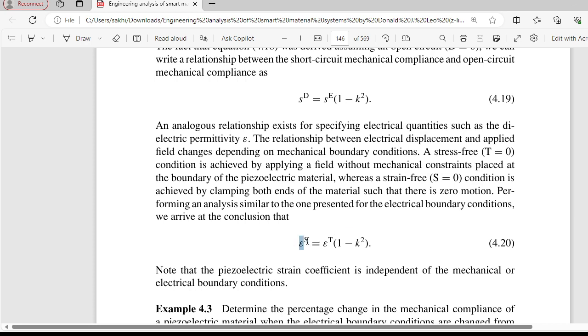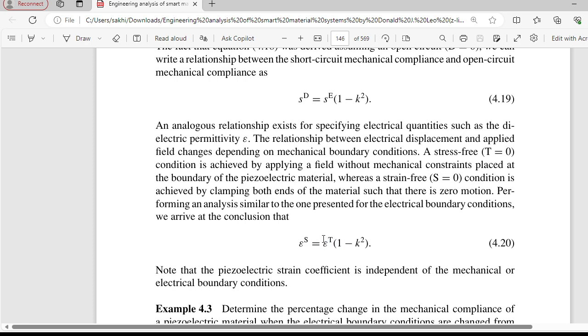Here epsilon S means the free stress condition, which means there is no force on the piezoelectric material, and epsilon T is the free strain condition, which is when you clamp the piezoelectric material between two boundaries, so no elongation will be there in any direction of the piezoelectric material.